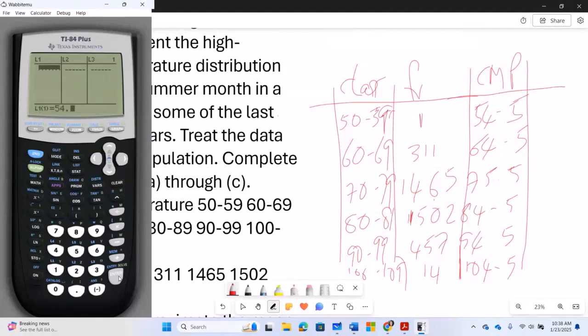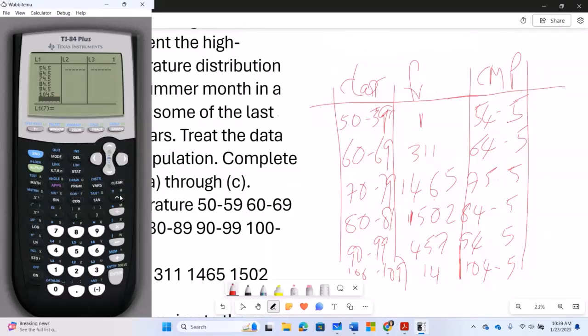So 54.5, enter. 64.5, enter. 74.5, enter. 84.5, enter. 94.5, enter. 104.5, enter. Okay, so the last class midpoint is 104.5.